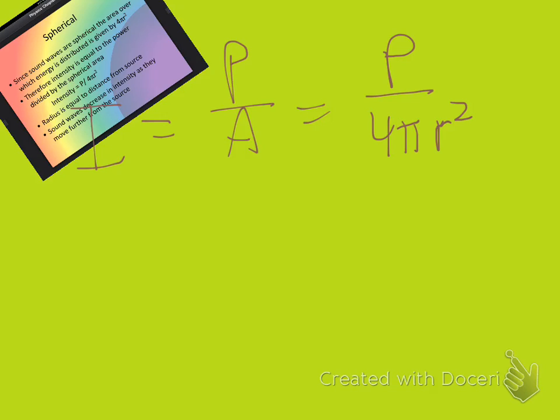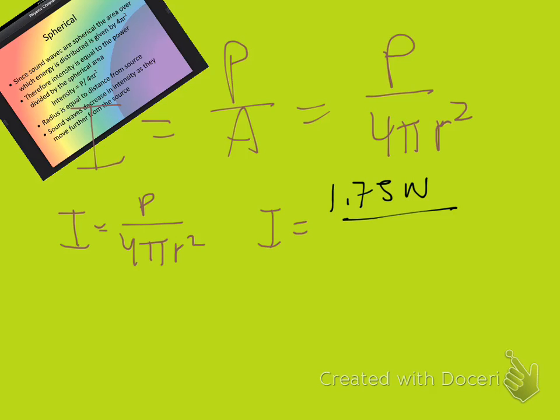What's the intensity of sound waves from an amp at a distance of 0.5 meters if power output is 1.75 watts? So we know that I equals P over 4 pi R squared. For this particular problem, I equals 1.75 watts over 4 pi times 0.5 meters squared, and I changed color, yes.